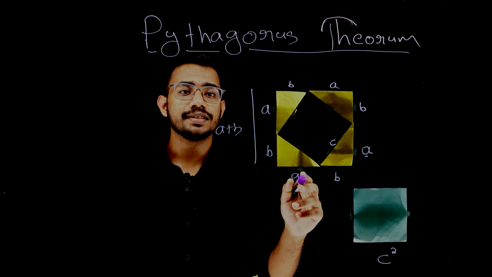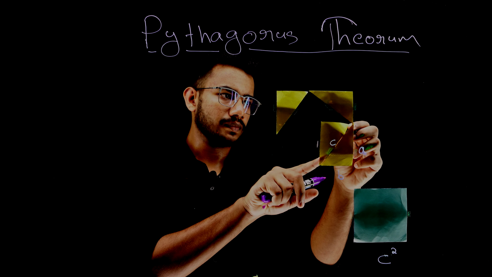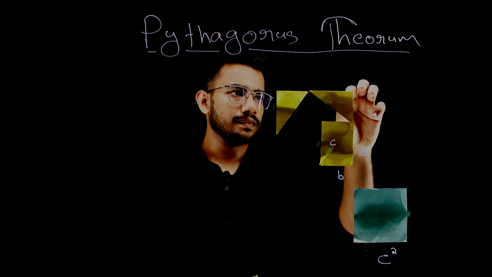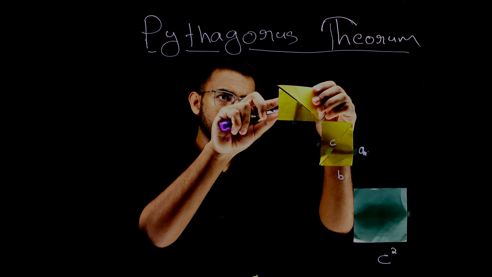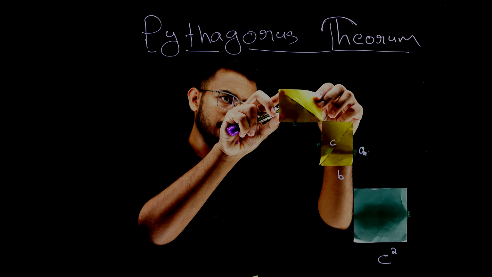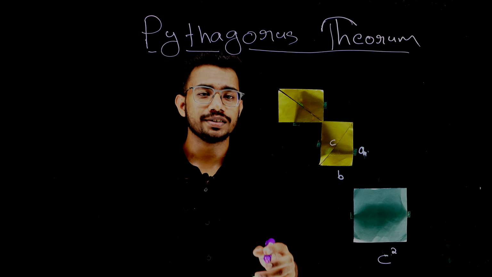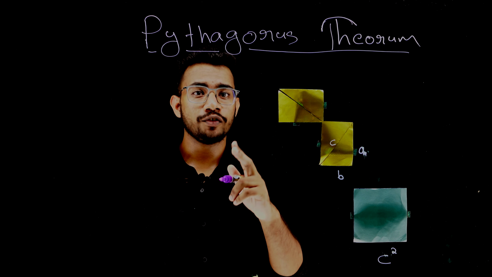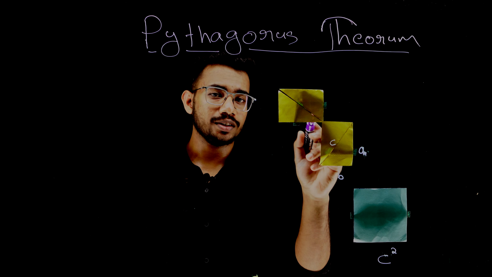Now let's rearrange all these triangular pieces. So yeah, we have rearranged the right angle triangles, and after rearrangement I have 2 new empty spaces, one here and the other one here.